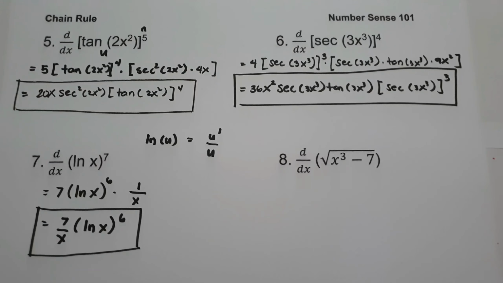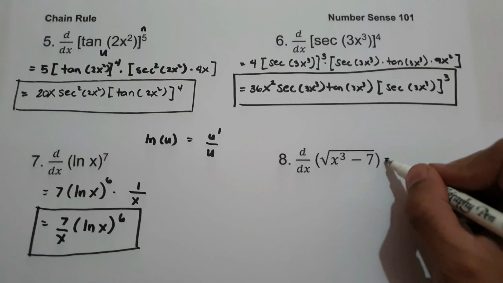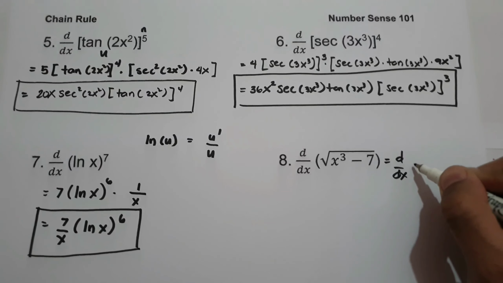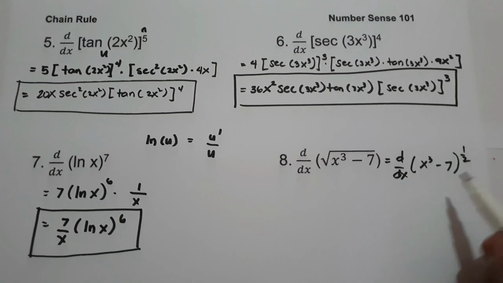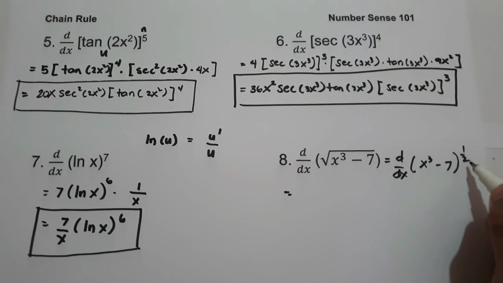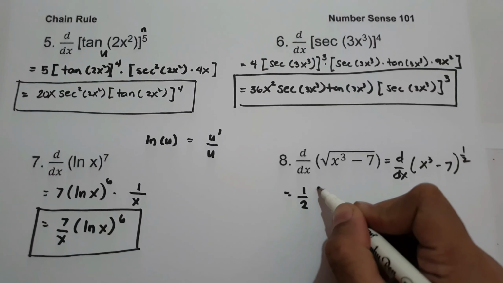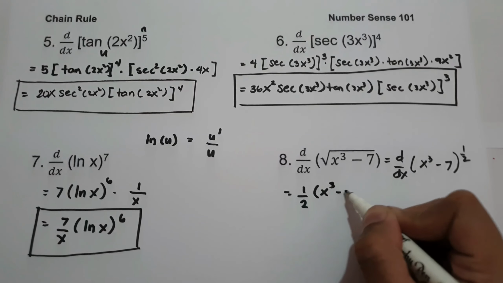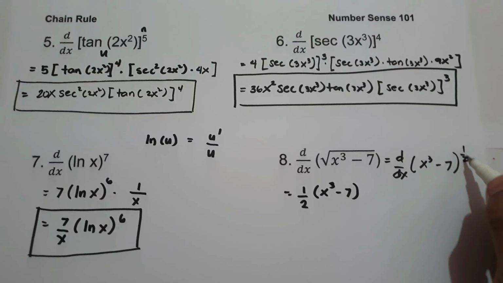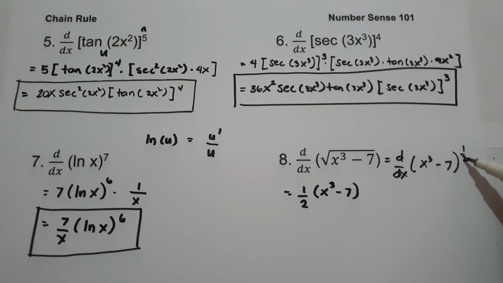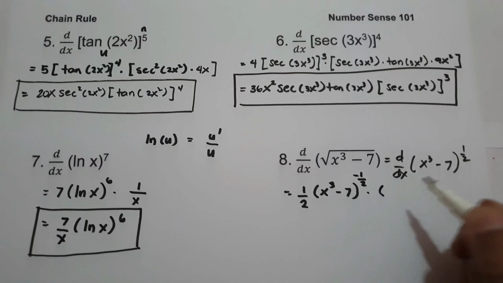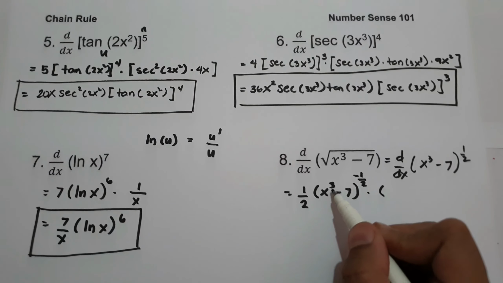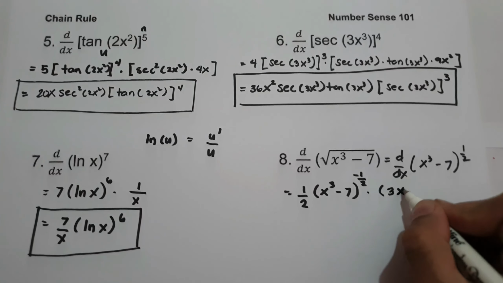On number 8, what is the derivative of square root of x cubed minus 7? So let us write this one as the derivative of x cubed minus 7 raised to 1/2. So we have a chain rule. So let us have 1/2 as the value of n, and then x cubed minus 7, and then 1/2 minus 1, or 1 minus 2, that is negative 1, copy the denominator 2, multiplied by the derivative of x cubed minus 7, that is 3x squared.